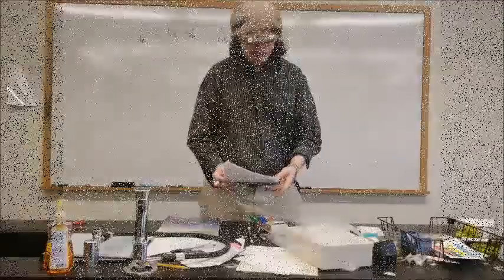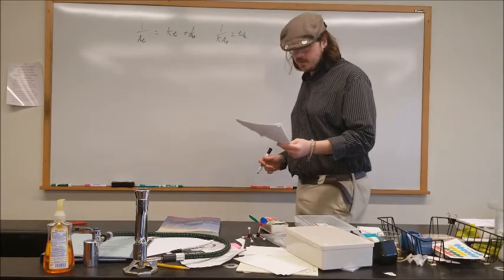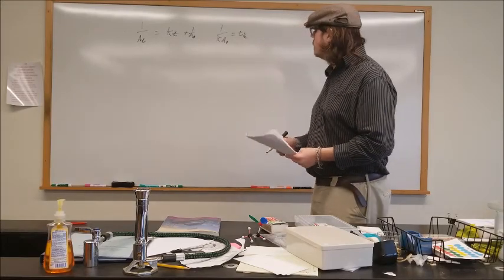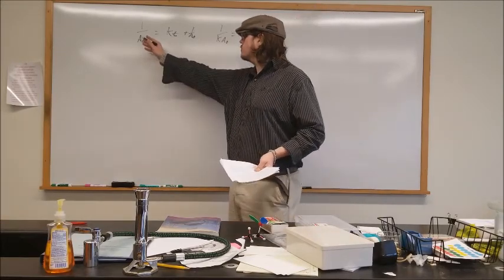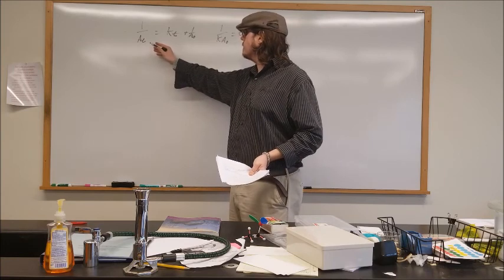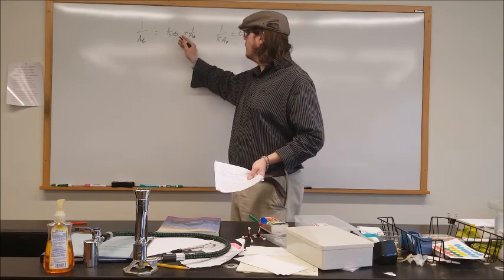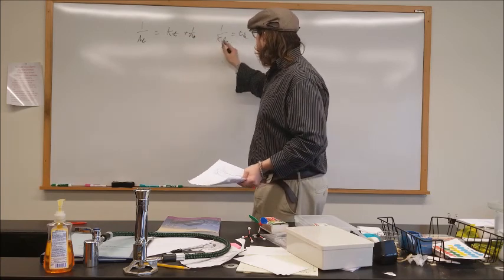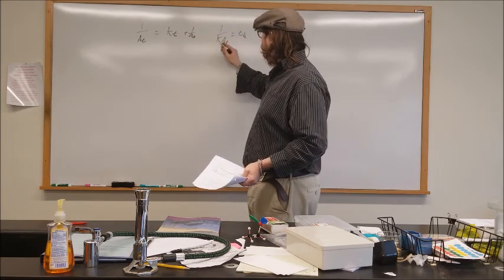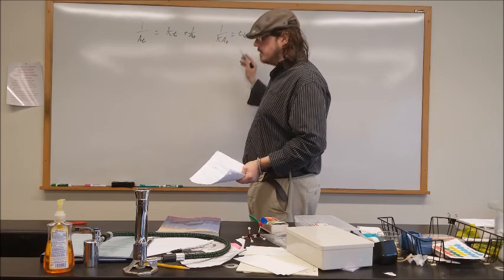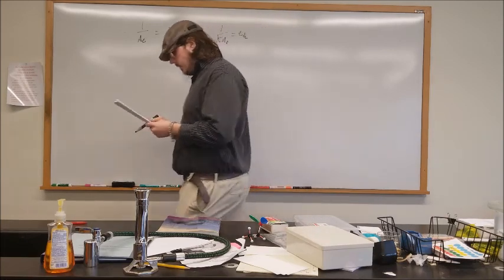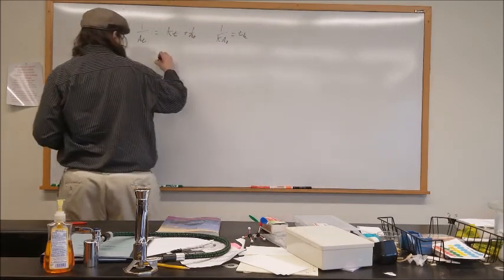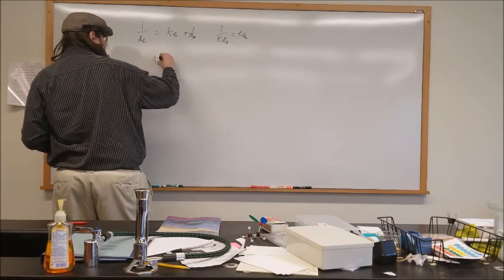Problem number 4. We look at a second order decomposition of HI. Second order equation is 1 over concentration at time t equals K times time plus 1 over the initial concentration. And our half-life is 1 over K times the initial concentration. So they say we want to go from initially 500 grams.